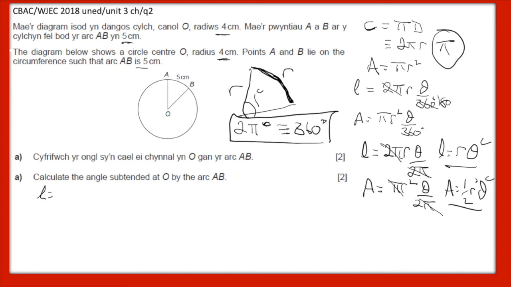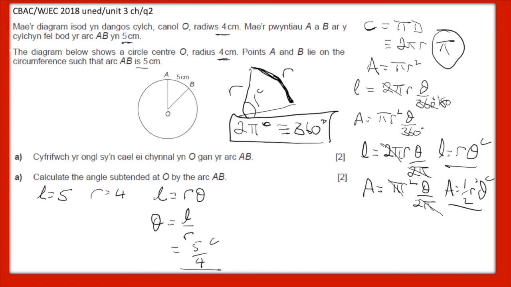So I've got that the length is equal to 5, that the radius is equal to 4, and because I want to find the angle, I don't really even need to rearrange it. Angle will be length over the radius, which is 5 over 4, and if you want to write that as a decimal, that's up to you, but I would leave that at 5 over 4 radians.